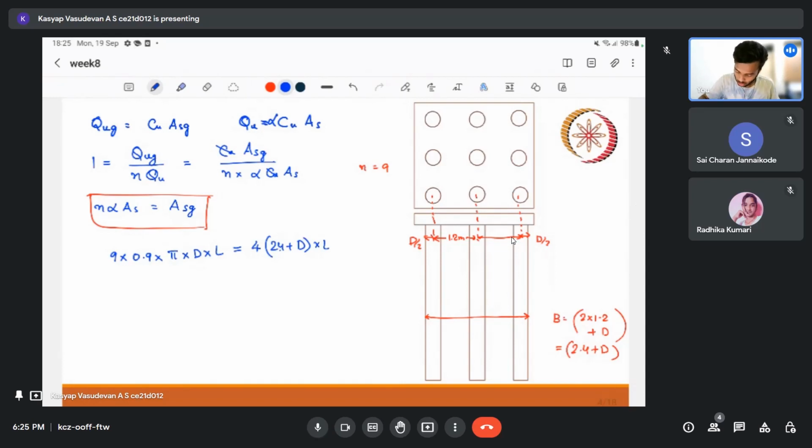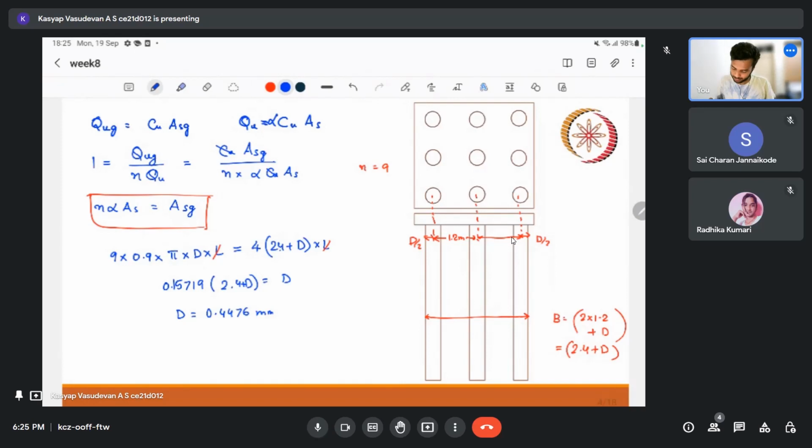Okay, so here I can cancel out our L and L, and what remains is a simple equation, something like 1.157 times (2.4 plus d) is equal to d. We can simplify this and we will arrive at d is equal to 0.4476.